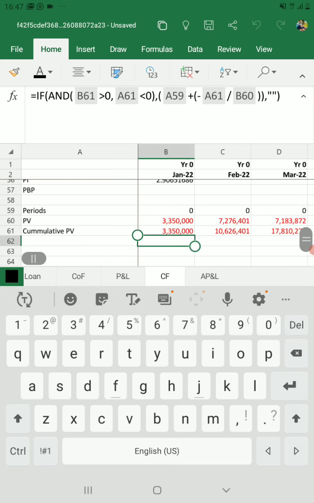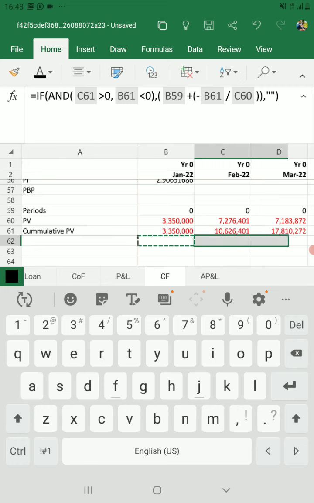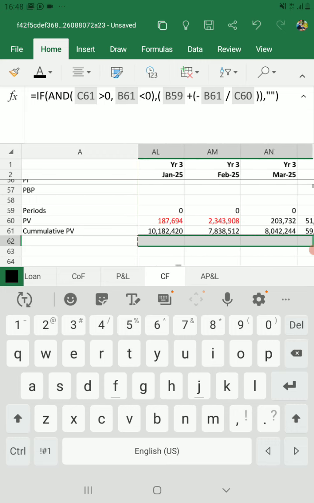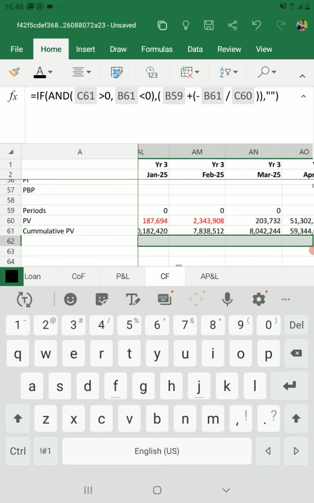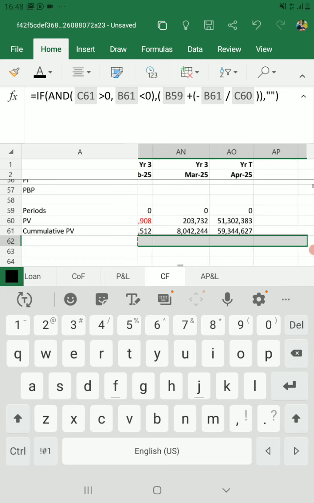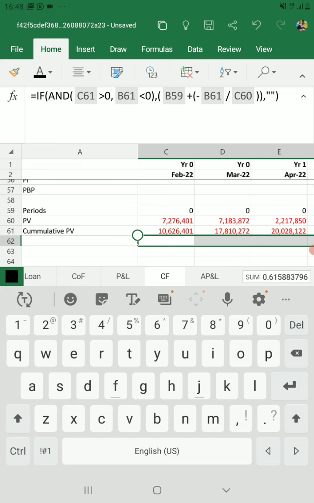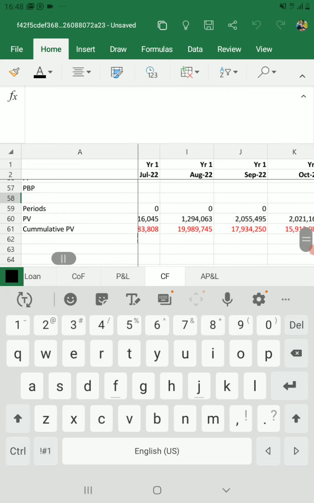Let me drag this formula, copy this and make sure it applies to all these other cells up to here. Okay, here, and then paste.